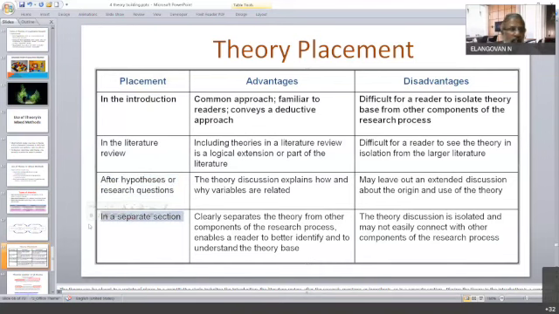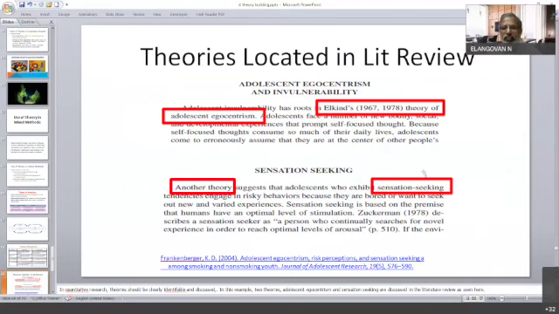So you can search for theories in these areas. Theory is located in the review of literature. It can be a theory with a name, or it can be something only saying the connection between the variables, or sometimes it can have the name of the person as a theory.